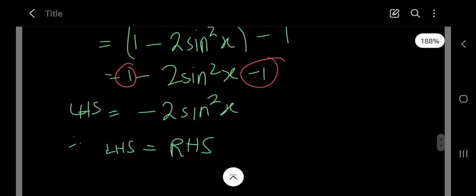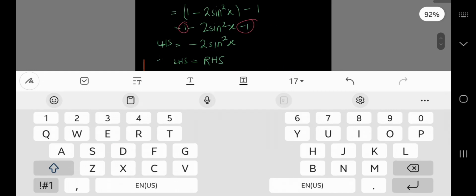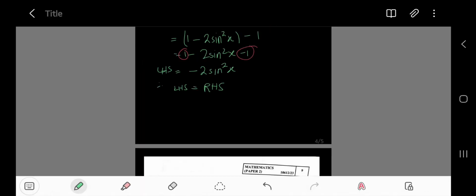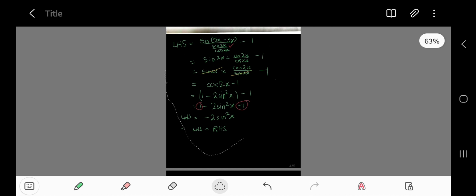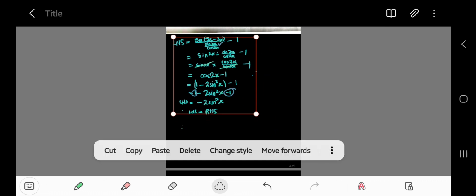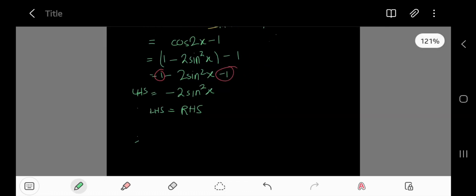So now, let me just minimize this so that we can have some space. And then now we are at 5.4.2. So the first thing is just to equate it to the asymptote.